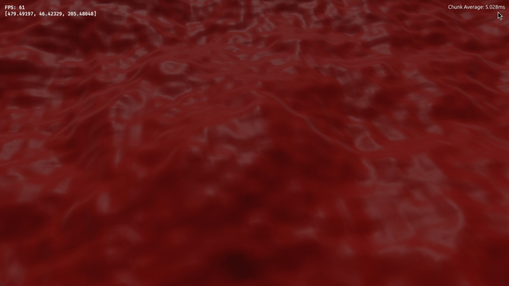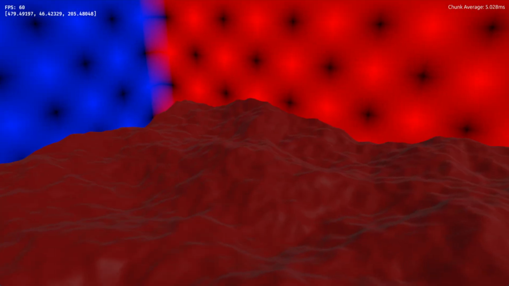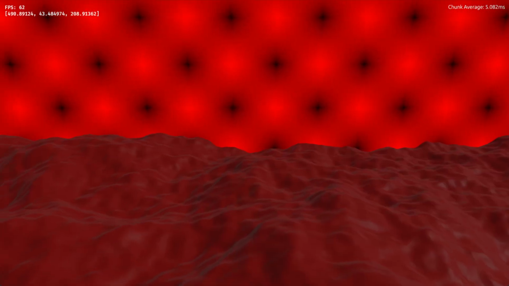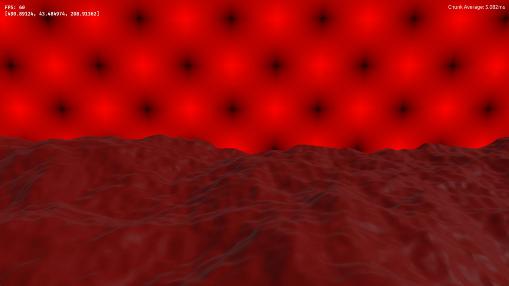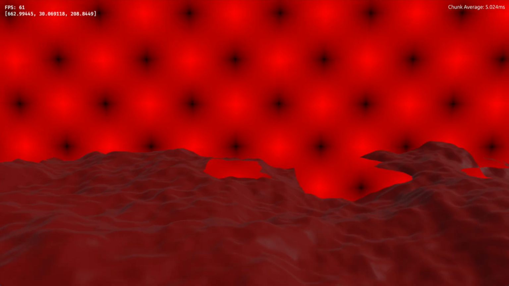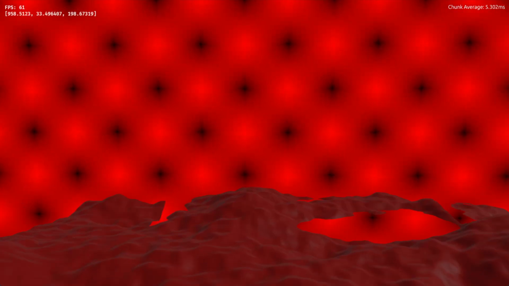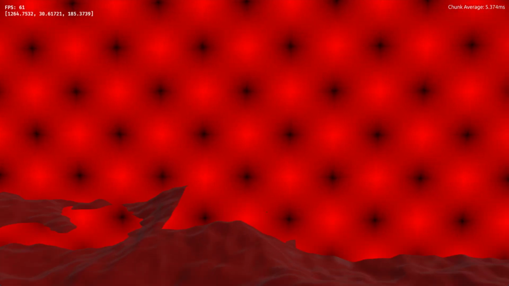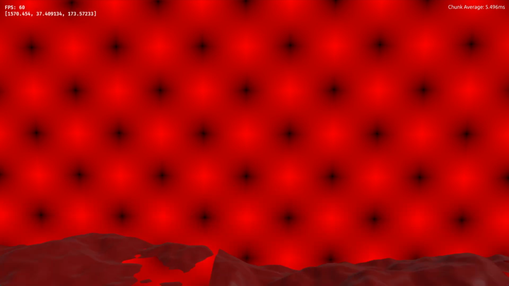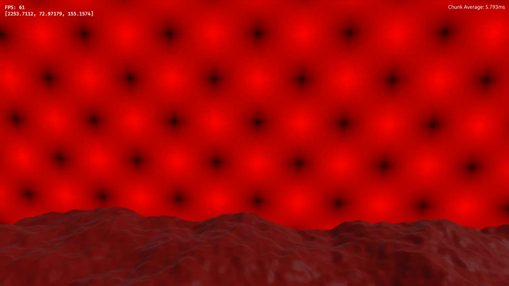And maybe that's the reason why this chunk average is a bit higher now. It's at 5. Let's see if it stays at 5. If I increase the speed, let's go in one direction for a while. Yeah, see, this is a little bit unfortunate. It's definitely slower now with this threshold value, but I guess that's just kind of the trade-off.